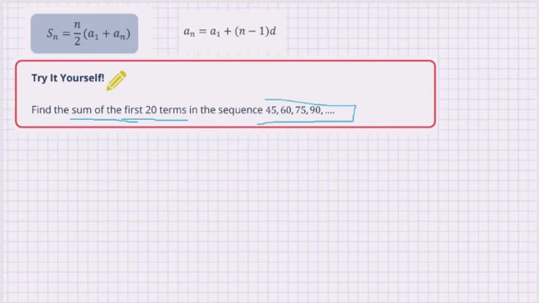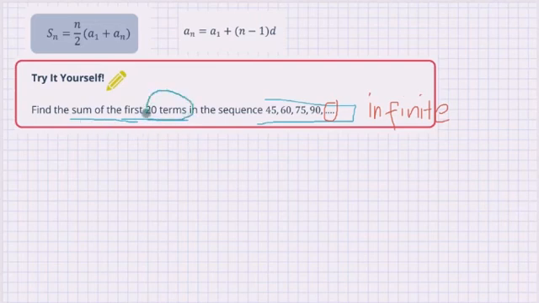There is a dot at the end, so we define it as an infinite sequence, because only four terms are defined: the first, the second, the third, and the fourth term. Let's get the sum of the first 20 terms.